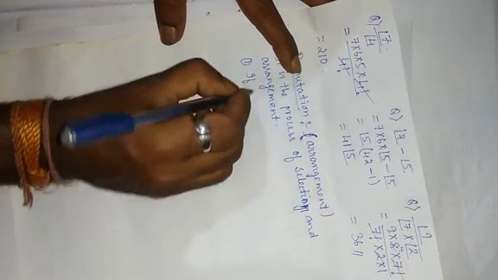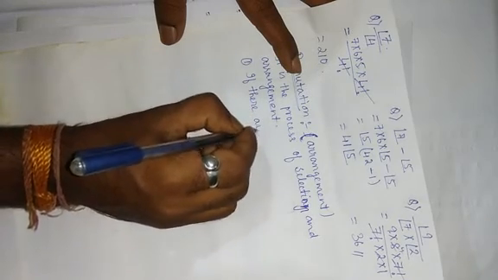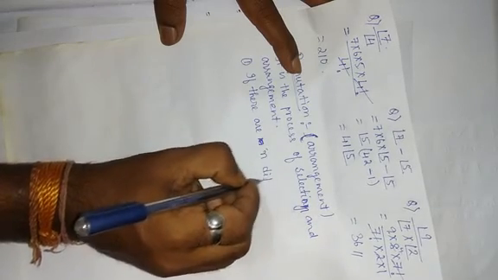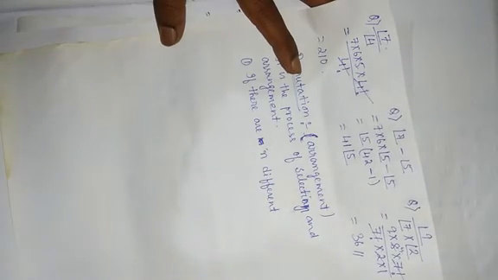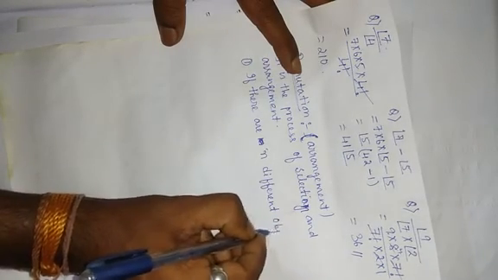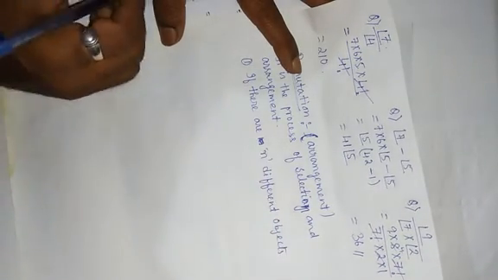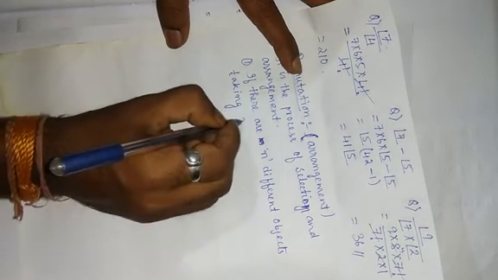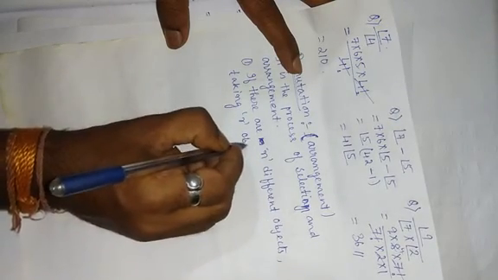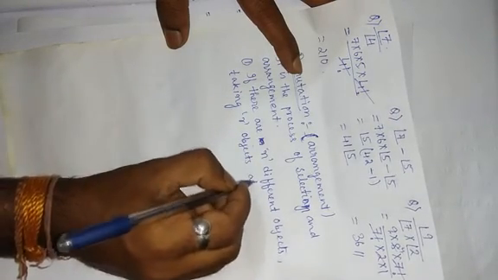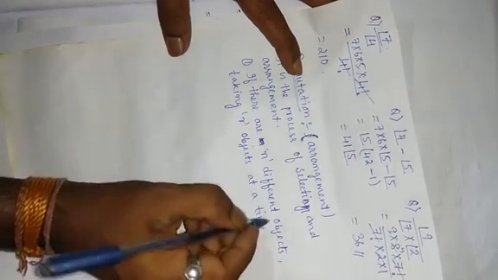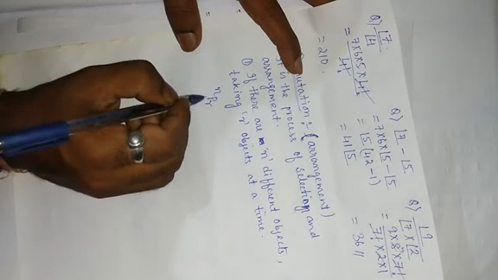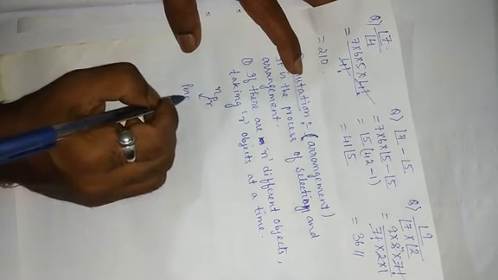First, if there are n different objects and we are taking r objects at a time, permutation can be given as nPr, where P represents permutation.